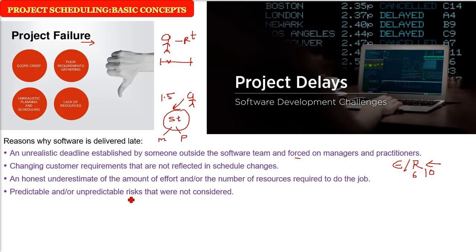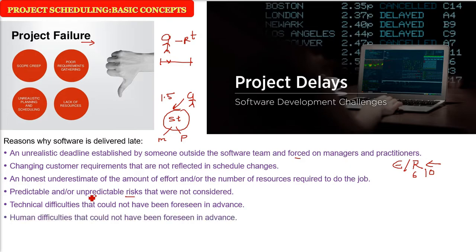There are certain risk factors which are predictable or even unpredictable. They are not even considered, or even if they are considered, there is no contingency plan, no mitigation policy. There can be purely technical difficulties because you cannot foresee them in advance.